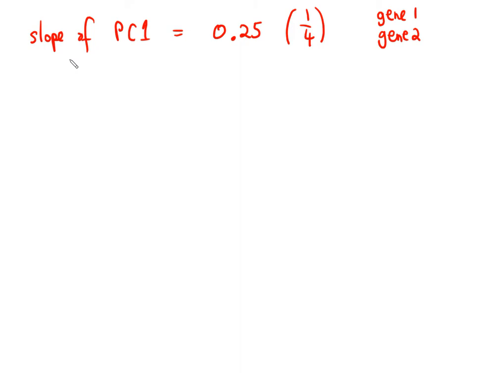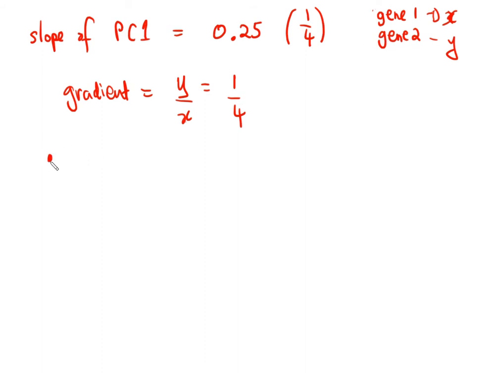Yeah, so let's look at how we calculate our gradient. I was getting confused because of the way I wrote these genes. I just wanted to say this is the x-axis and this is the y-axis. Gradient is y over x. So this means that this is 1/4, because our x is gene 1 and our y is gene 2.